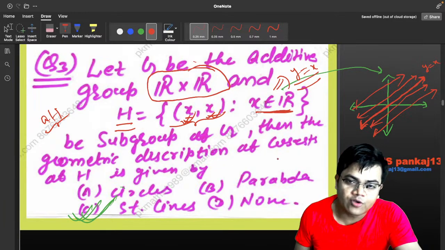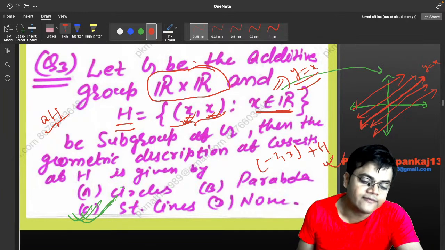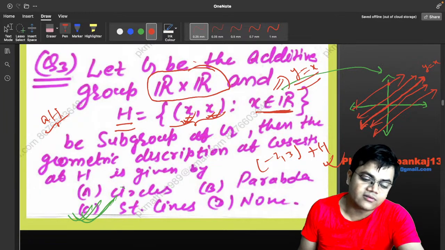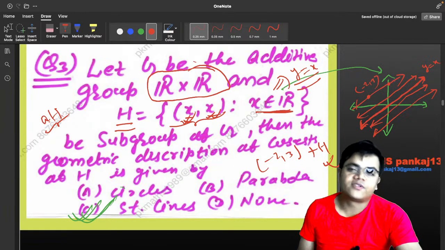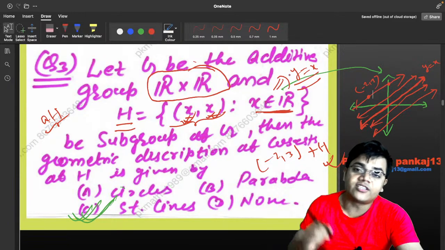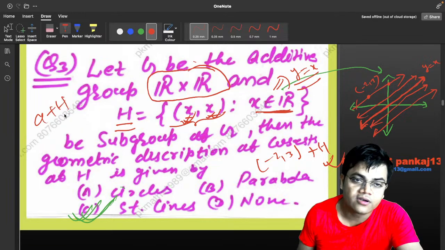So if you take the element minus 2 comma 3 plus H, this will be one of the left cosets, and certainly for this kind of straight line, the point minus 2 comma 3 will be somewhere like this. Because here the group is additive, the left cosets will be of this kind, A plus H.